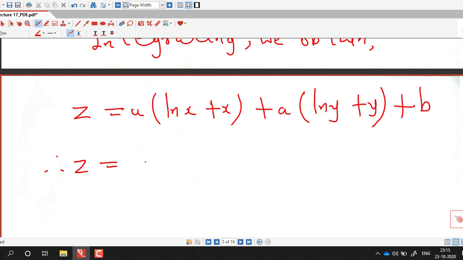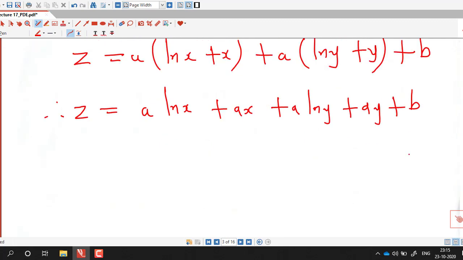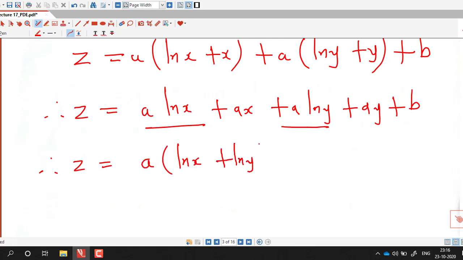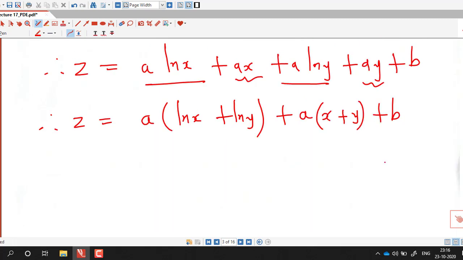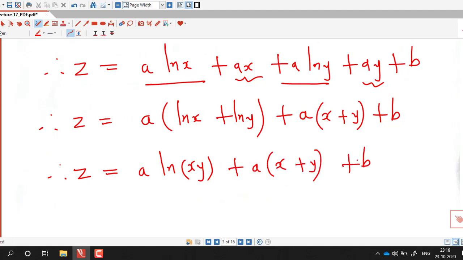So this we can rewrite as A times log x plus A times x, A times log y plus A times y plus b. Therefore, if we combine these two, A can be taken common, ln x plus ln y. Similarly, if we combine these two, we can write A times (x plus y) plus b. Therefore, z is A times log (x into y) plus A times (x plus y) plus b.